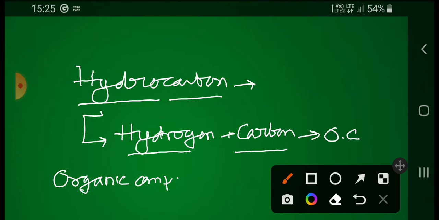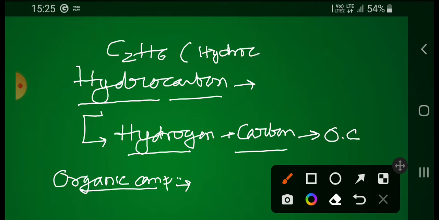Organic compounds are those type of compounds which primarily contain carbon and hydrogen, but they may contain some other elements also. This can be illustrated by taking a few examples. For example, if I am writing C2H6, in this compound only carbon and hydrogen are present, so it is an example of hydrocarbon.